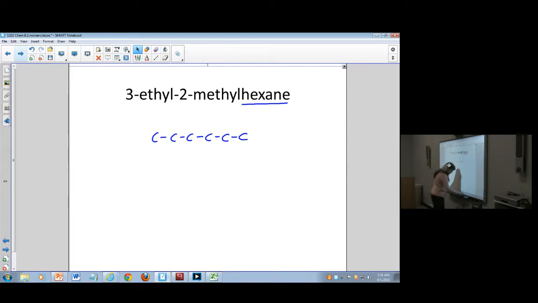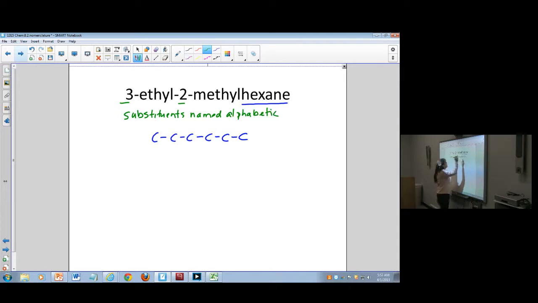Now, why is a 3 in front of the 2? Because when you're naming these, the substituents are named alphabetically. It's not the number, it's the substituent. And so ethyl comes before methyl. So it's named according to its alphabetical order.